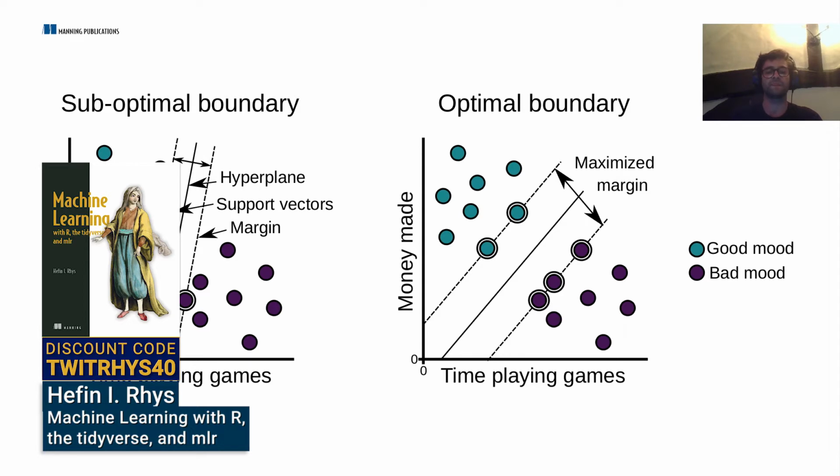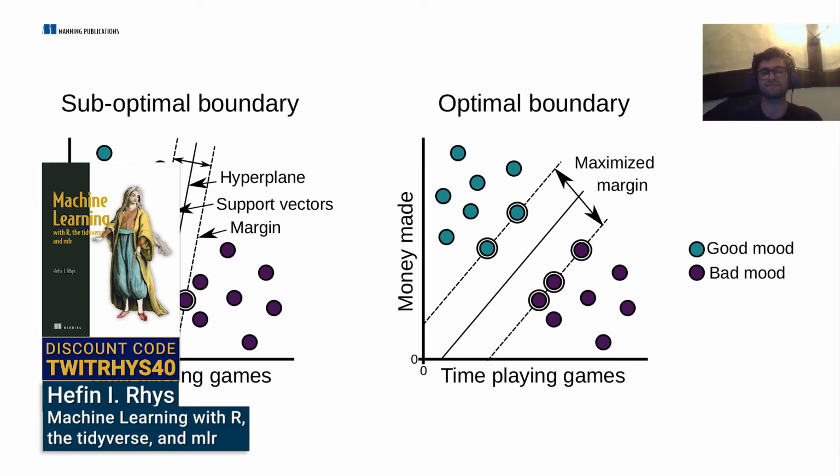In this example, I've got just two variables: the money that you made your company this month, and the time that you spent playing games at your desk this month. You're trying to use this data to predict whether your boss is in a good mood or a bad mood with you, which is a very important machine learning task.